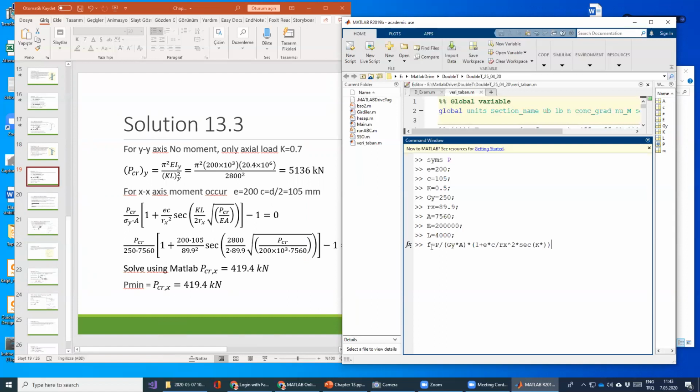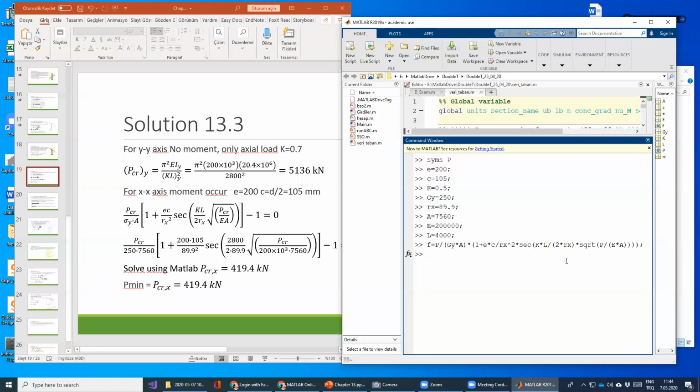Yes, right in here: K times L divided by, in parentheses, 2 times Rx, times the square root of, in parentheses, E divided by, in parentheses, A times A.